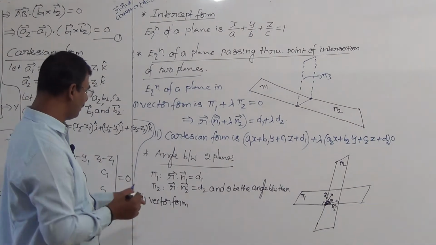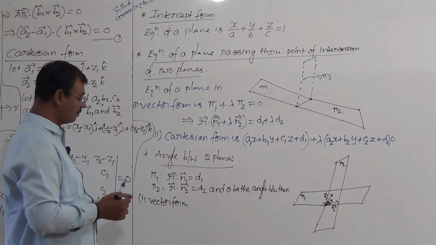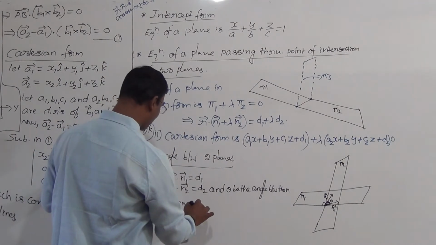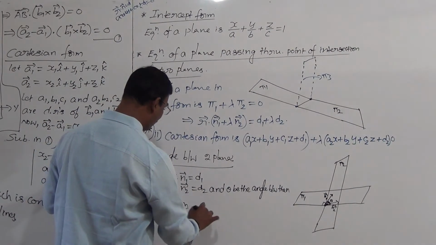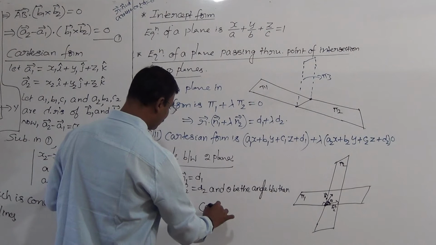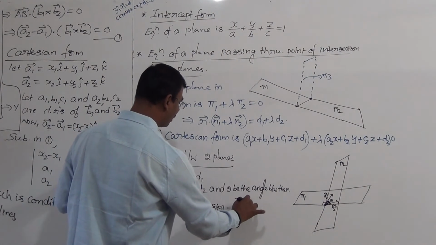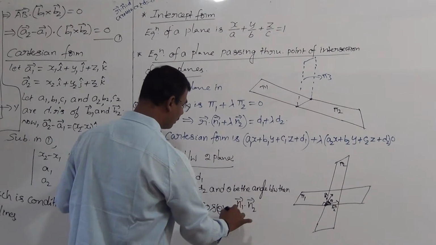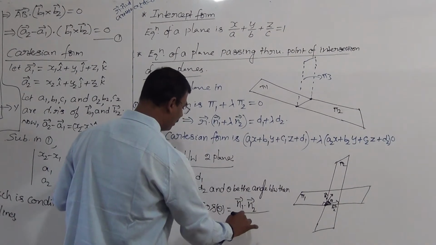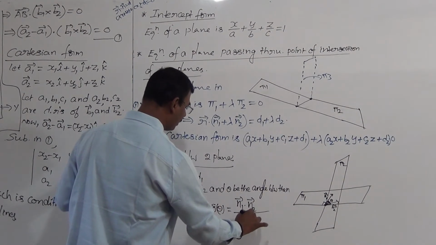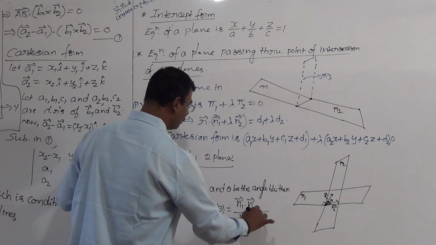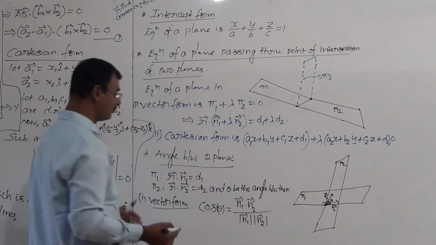So vector form I am writing: cos theta is equal to n1 vector dot n2 vector divided by magnitude of n1 vector into magnitude of n2 vector.